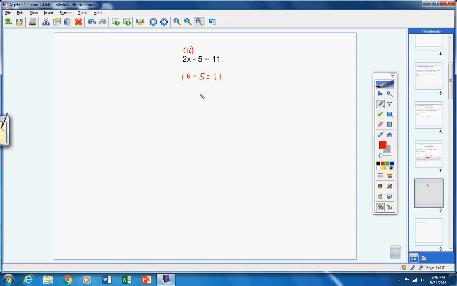Just common sense. If I've got a minus 5 here, then this entire expression has to be 16, because 16 minus 5 is 11.